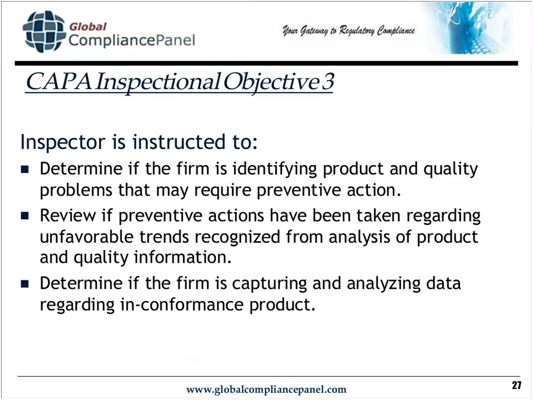That's fine. The third bullet point is very interesting, and while perhaps intimidating upon first read, of course, when you trend data, you're going to be capturing and analyzing data regarding in-conformance product. That is to say, if you have a 1% reject rate, you also have a 99% pass rate.